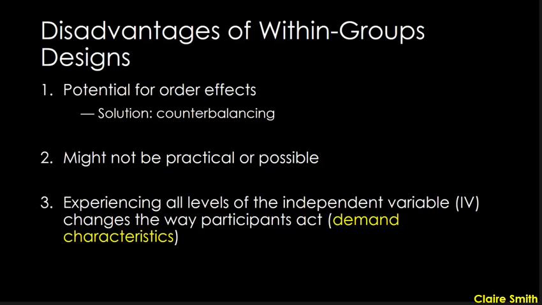They know they're in an experiment, and they know something's happening. If they see that different sized bowls are the only thing changing, then they know this has something to do with that, and they can change the way they act because they know what's going on. So demand characteristics are not always good.